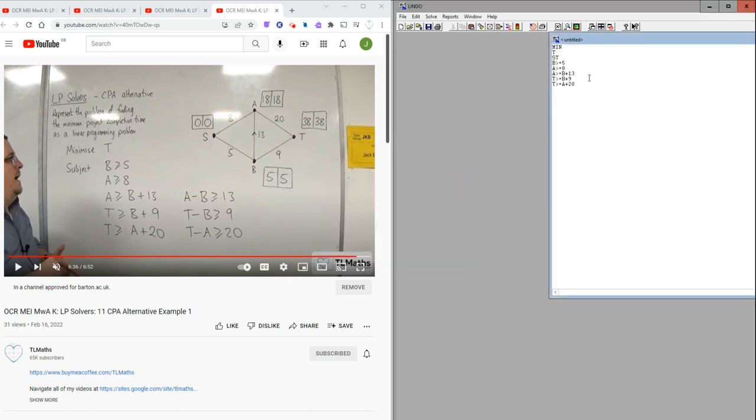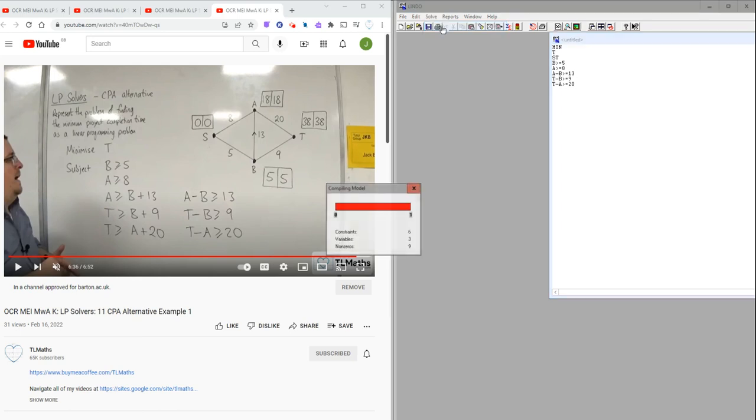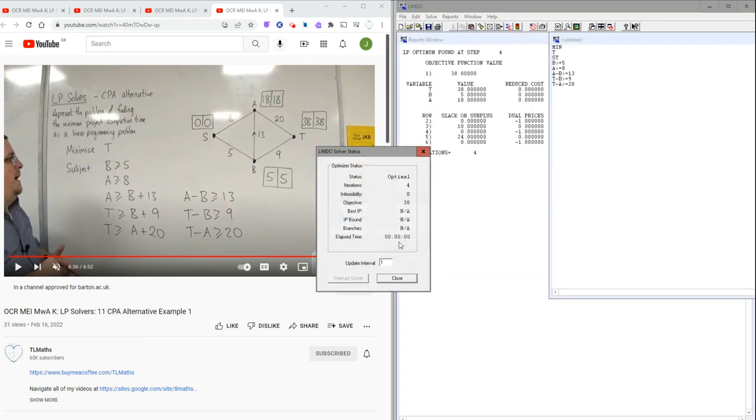So whenever I type these into Lindo, I must put them in the usual form of having the variables on the left-hand side. Let's correct that. Right, now it should work. So solve. Right, no problems this time.